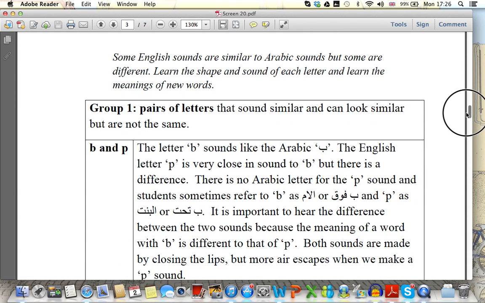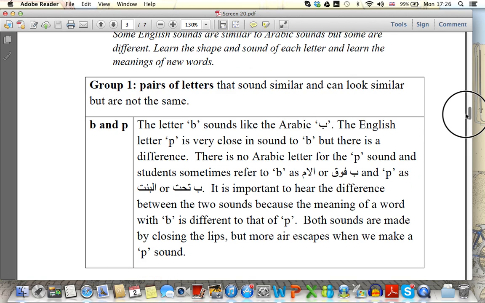Some letters in English are similar to Arabic in their sounds. So let's look at the first group of letters here, and we will consider letters that are similar or somewhat similar to Arabic letters. So the first pair of letters we have here are b and p.